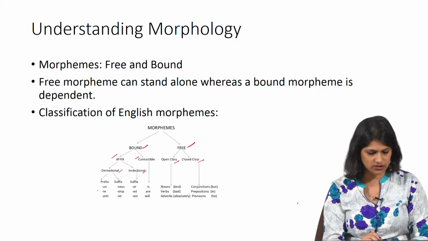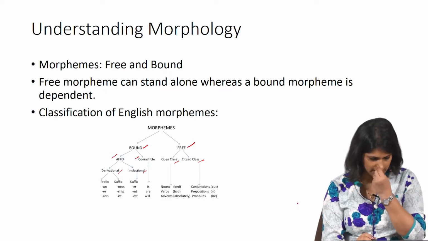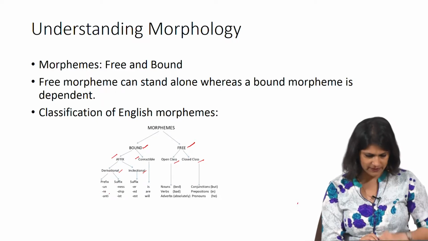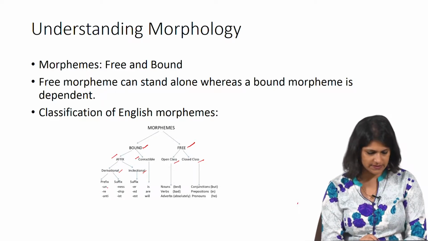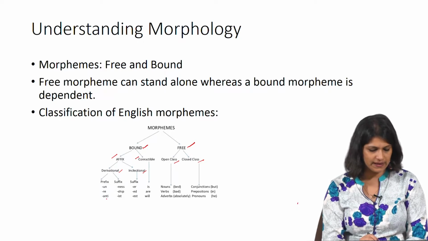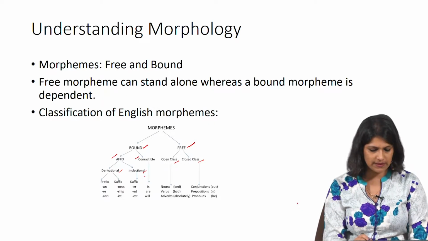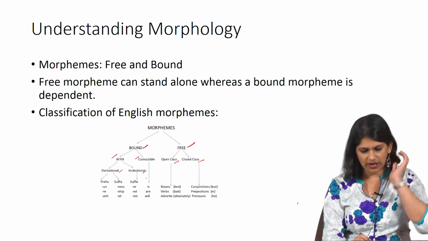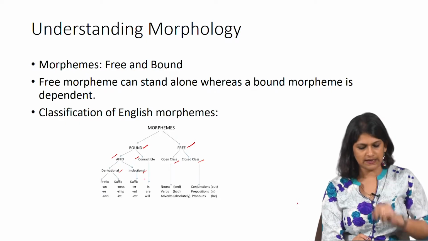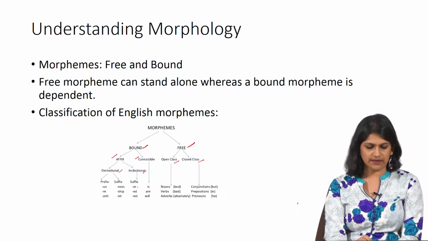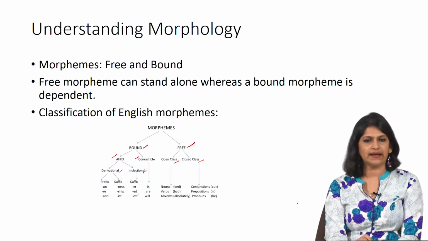And what are the derivational affixes? They could be either prefix or suffix. The prefixes are un, re, anti, and the suffixes are ness, ship and ist. And when it is an inflectional affix, generally that is known as a suffix. The suffixes here are ed and est.